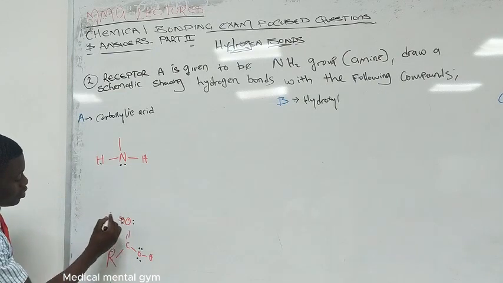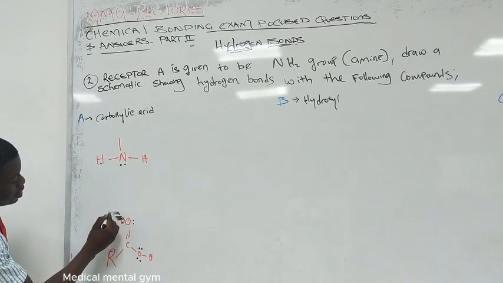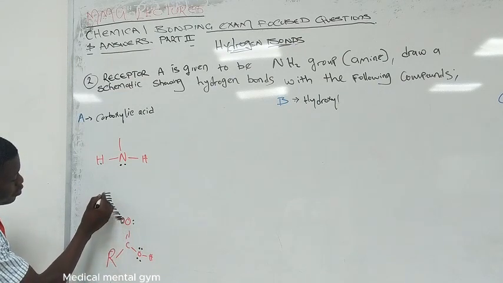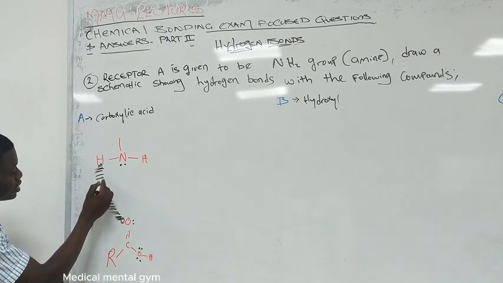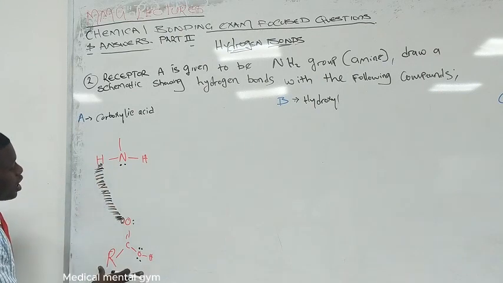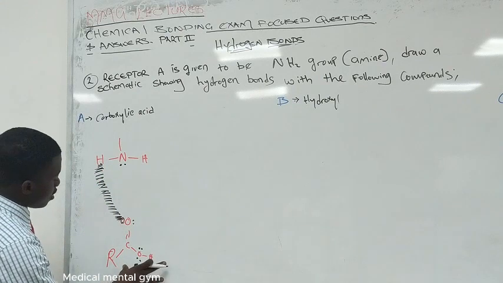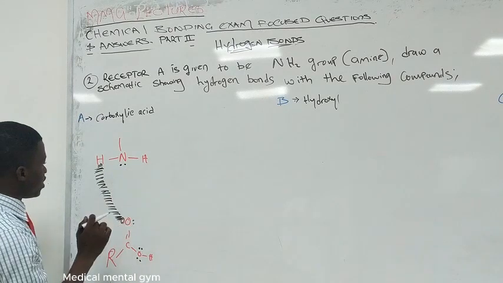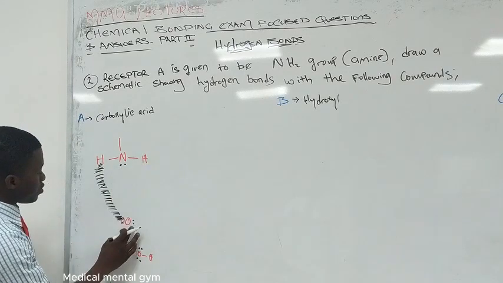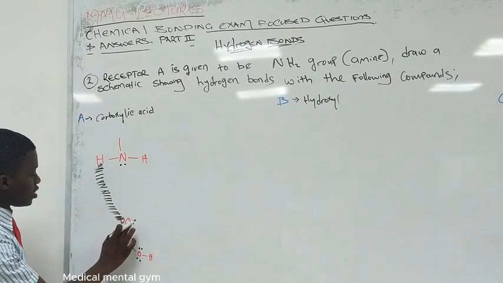So we use these lone pairs to facilitate this bond. So this will be our first hydrogen bond between the carboxylic acid and our amine.